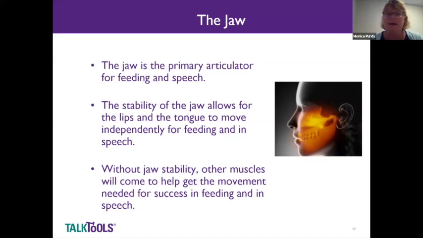It all just depends, okay? So when we go on our journey in our level 1 class, you will learn how important the jaw is. We'll talk about exercises to assess the jaw and exercises to treat the jaw.